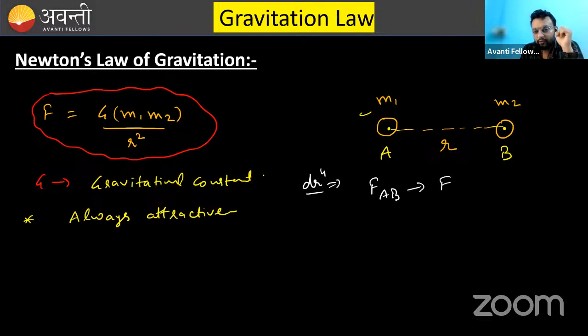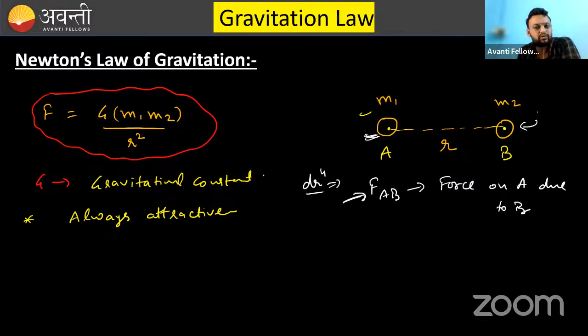It will be pronounced as force on A due to B. This relation is asking us to calculate the force on A due to B. So this is the source and this is the object on which the force is acting. This force is always attractive. That means B will try to attract A, and you will put an arrow like that. This is the direction of FAB.